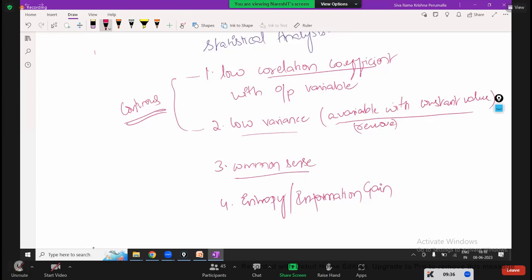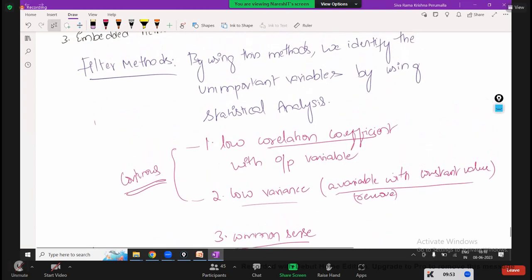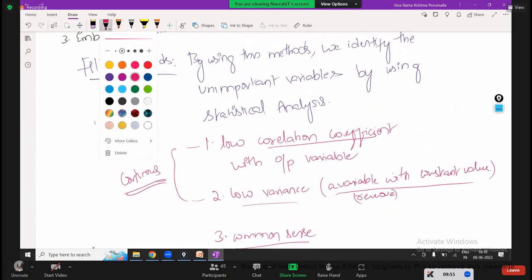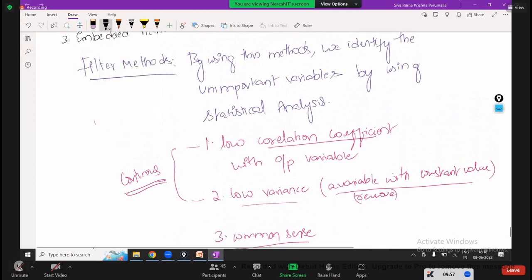So these two are for continuous variables, and this is for discrete variables. All of these will be done before modeling. The entire set of filter methods will be done before modeling itself, before applying the model.